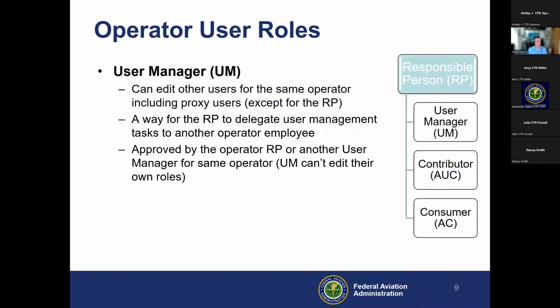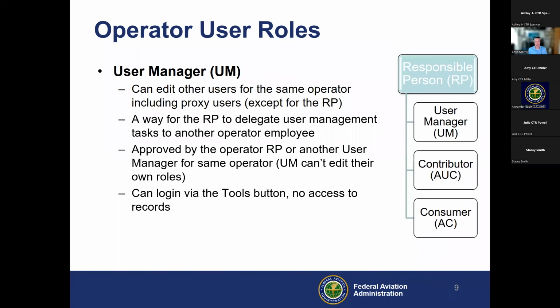So as a user manager, if you want to become a user manager, you register at the website. I'll show you where you can get some technical information here in just a second. You register, and then that request has to be made active by the RP. Okay. You'll have access then by the tools button, which I showed you a couple slides back.